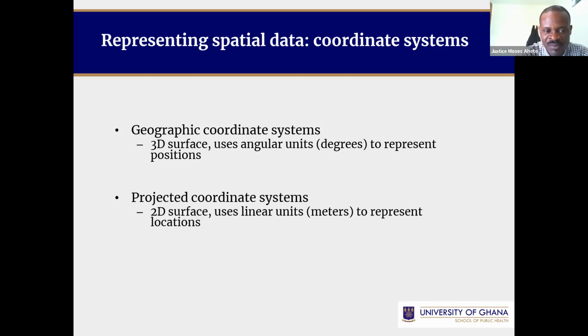Once you transform a 3D to a 2D, here it makes use of linear units like meters or kilometers to represent locations on the Earth. So the 2D is kind of a flat surface, while the 3D is kind of the globe-like surface, and we'll be seeing it very soon.